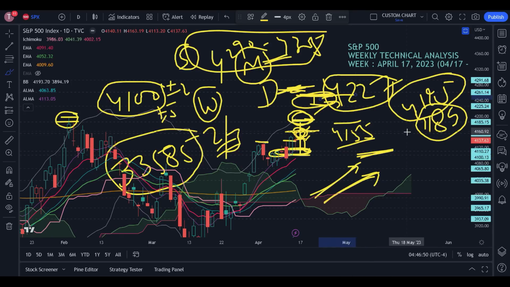That is why I am saying a normal bullish movement is acceptable. Not just acceptable, it is in the picture and we are expecting it. The only problem comes when it is manipulated.